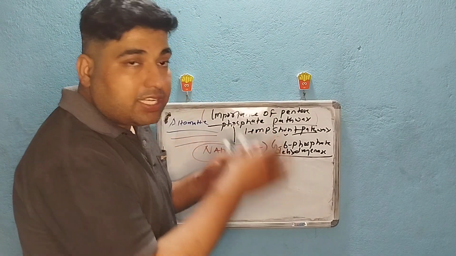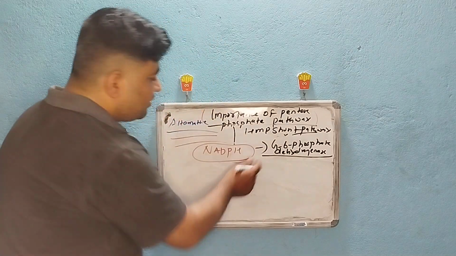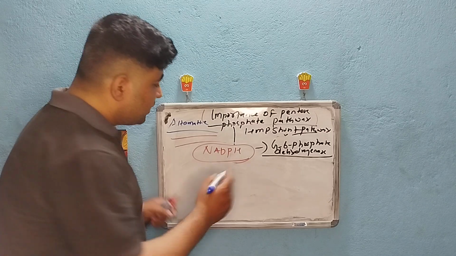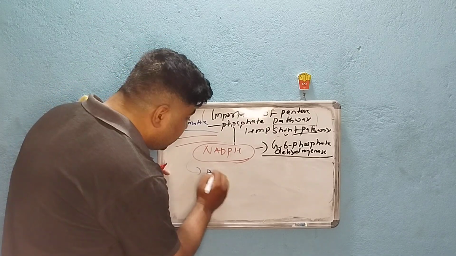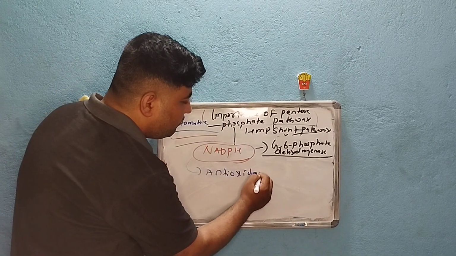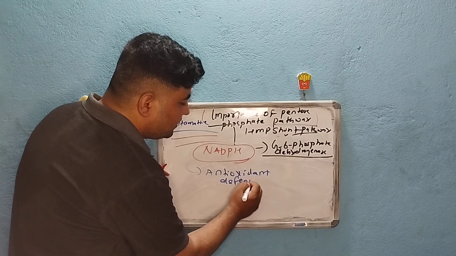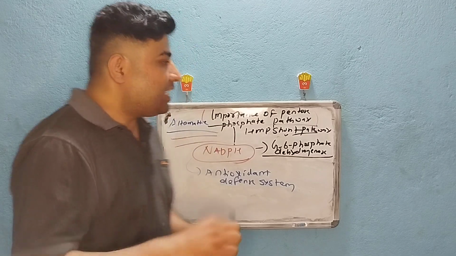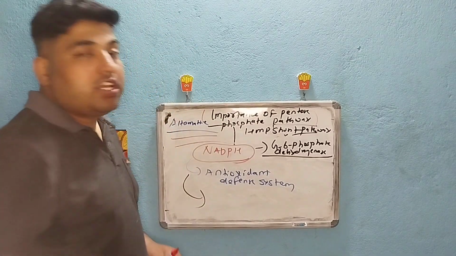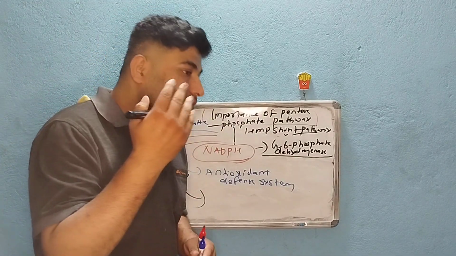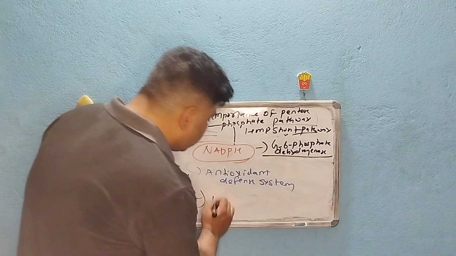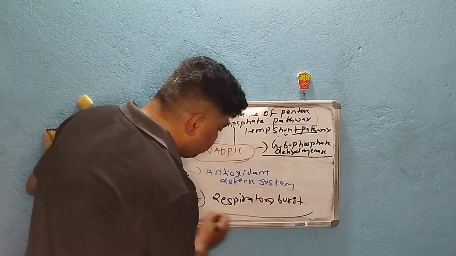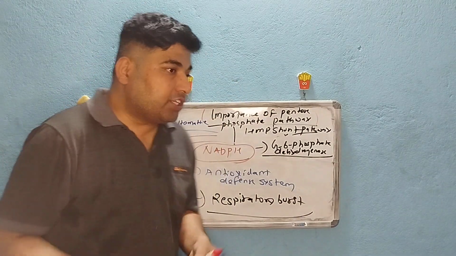During the reaction catalyzed by this dehydrogenase enzyme, NADPH is formed. This NADPH is a part of the antioxidant defense system, and NADPH is also involved in the respiratory burst.